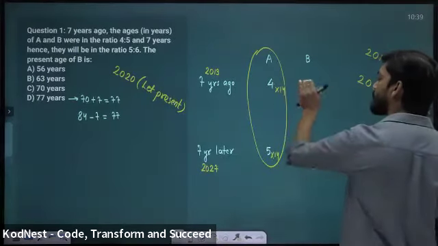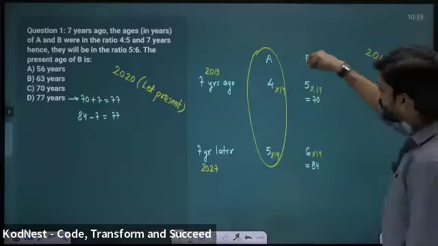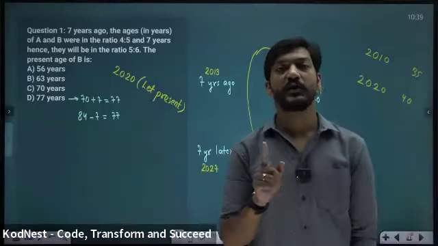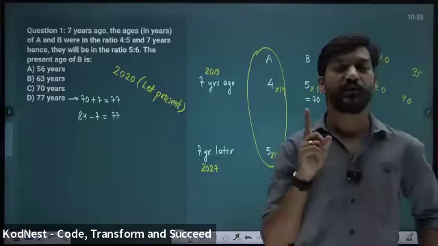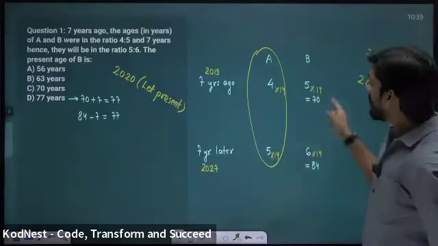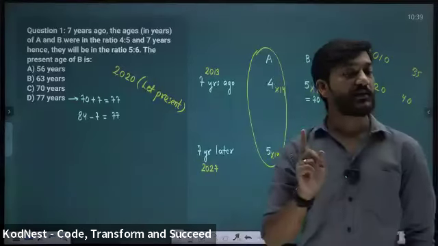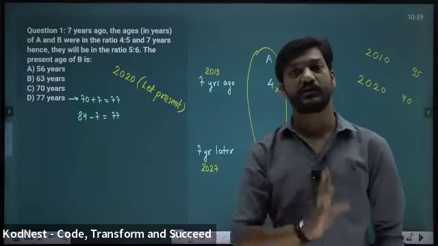This was 4 ratio 5 and 5 ratio 6. So directly I have taken the values from the ratio. Once you directly take the values from the ratio, one condition you have to check. That one condition, the first most condition is that age difference must be same. Must be same.